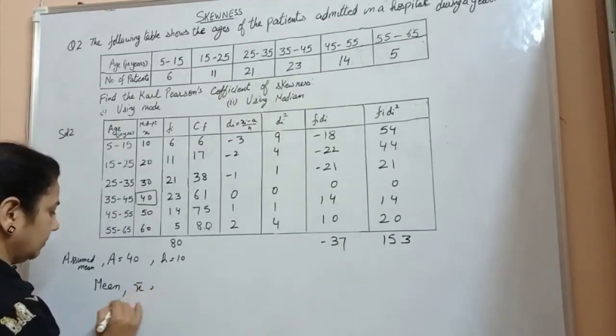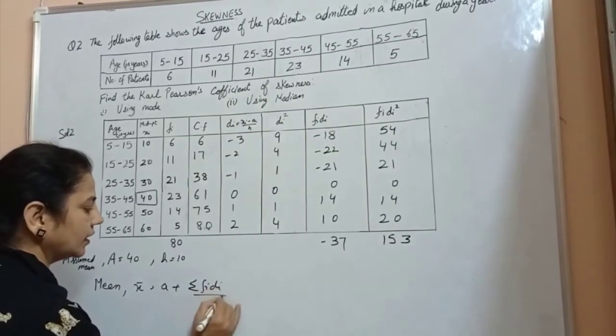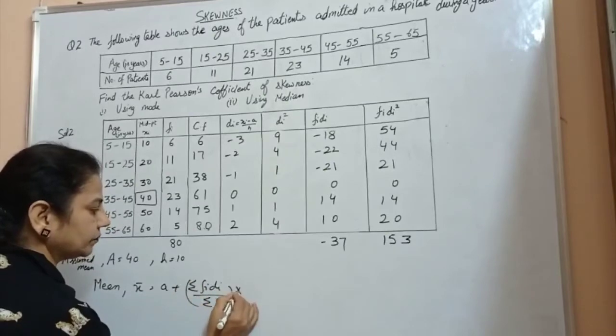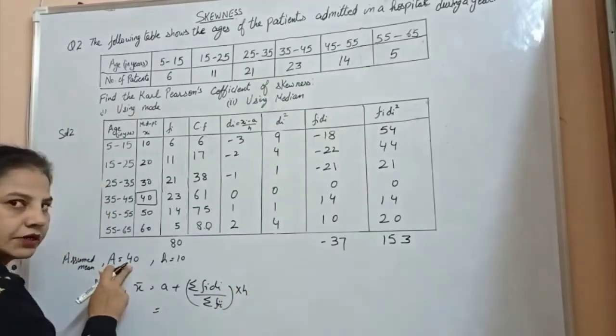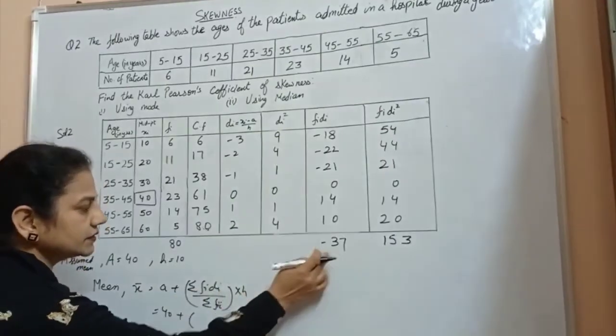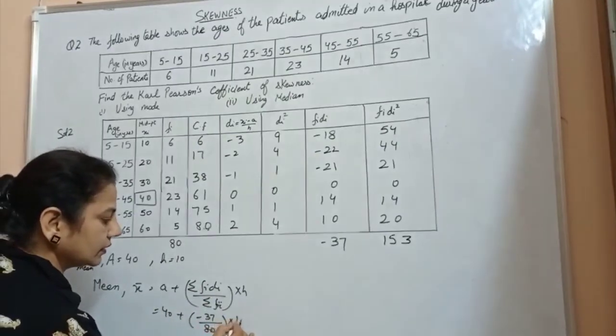The formula is mean equals A plus (sigma fi di upon sigma fi) into h, where the assumed mean is 40, which we have already calculated. So 40 plus (minus 37 divided by 80) into 10.